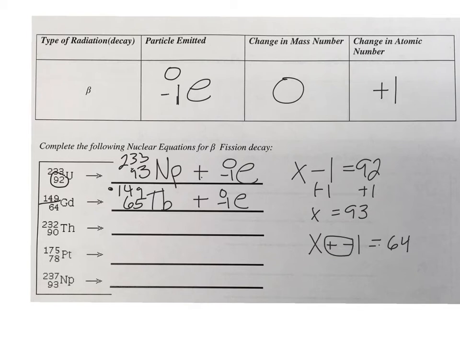If I change these signs to be more simple, x minus 1 equals 64, and then move the 1 over to the other side of the equation to solve for x, I get that x used to be 65. So that's my atomic number, 65. And now when I look it up on the periodic table, I get terbium. Try the rest and see how you do.